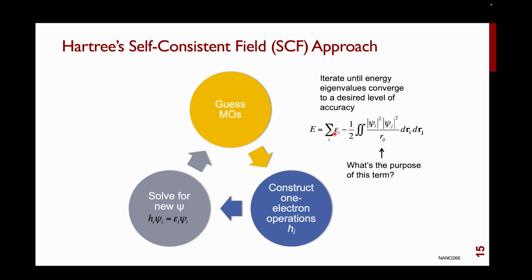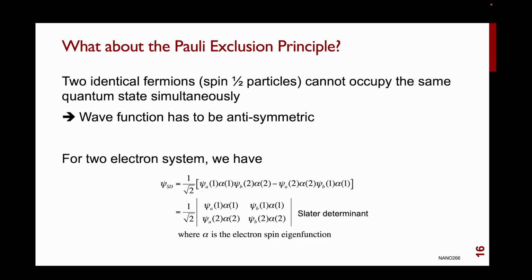And I've not taken into account the Pauli exclusion principle, right? So what is the Pauli exclusion principle? The Pauli exclusion principle simply says that two identical fermions, basically spin-half particles, in other words your electrons, cannot occupy the same quantum state simultaneously.